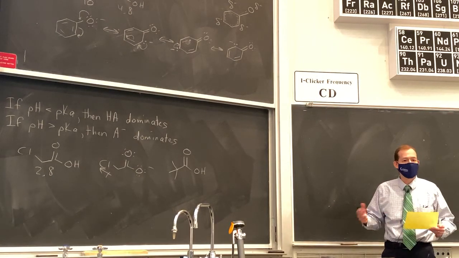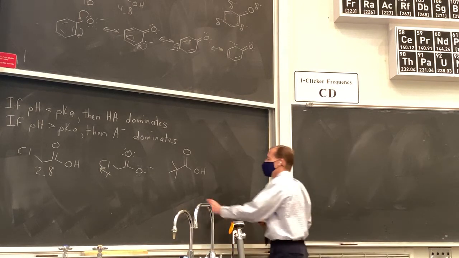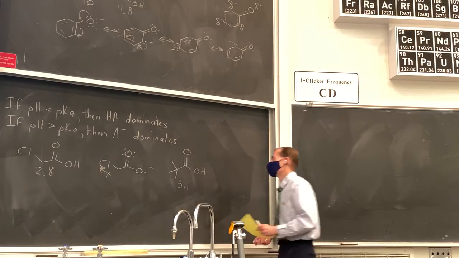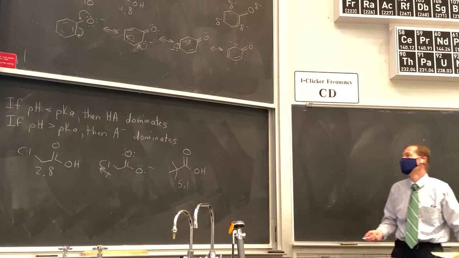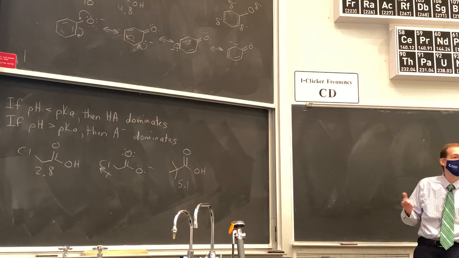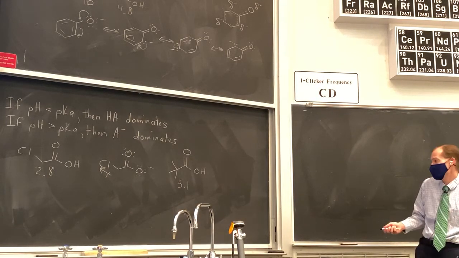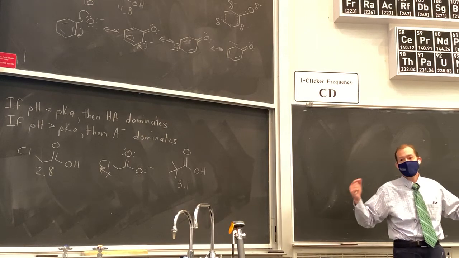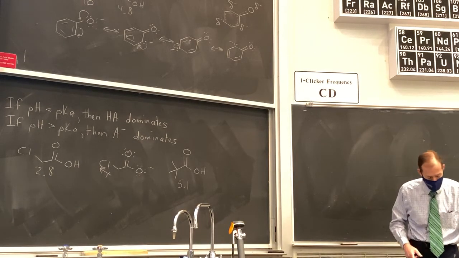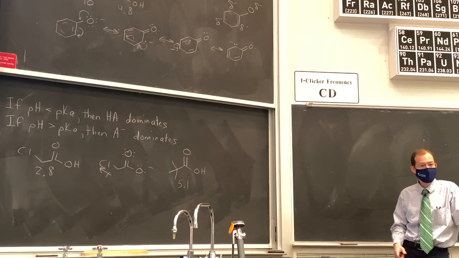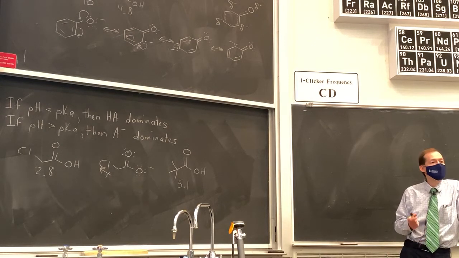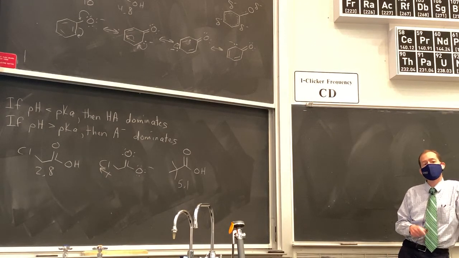Therefore, they're going to destabilize that conjugate base. So the pKa, in this case, is 5.1. Not a big difference, 0.3 pKa units, but a measurable difference in acidity attributed to the donating effects of those methyl groups.